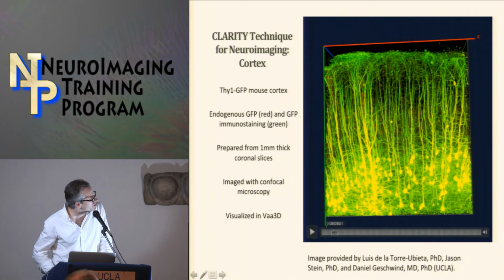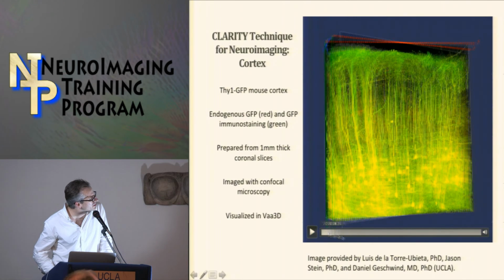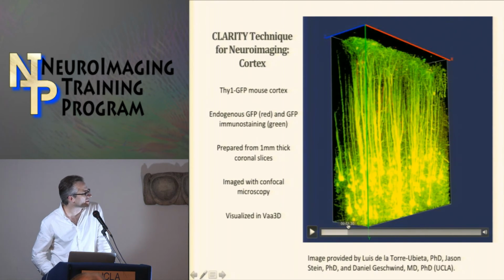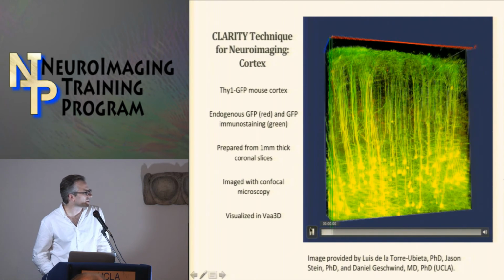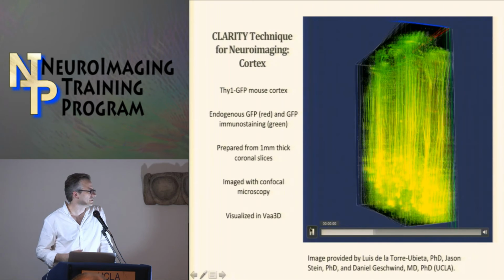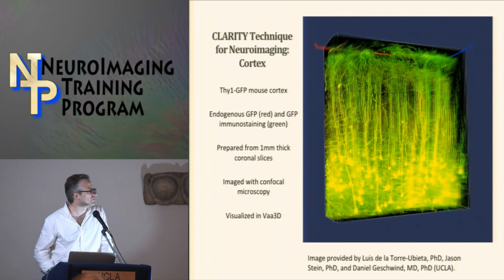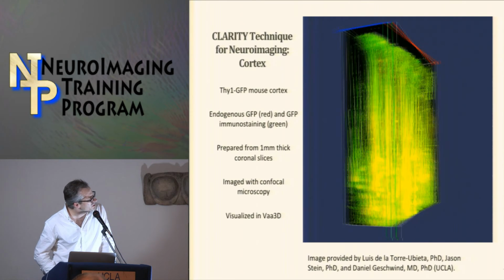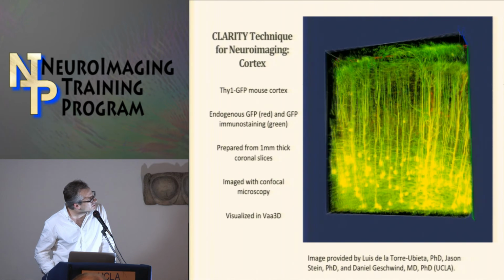They've also imaged some cortical neurons as well. So we're looking at these data sets and trying to apply some of the things we've learned in segmenting the MRI of the brain to try and segment these data as well. I'll show one more example, as that finishes spinning.